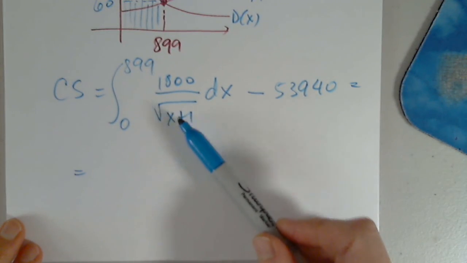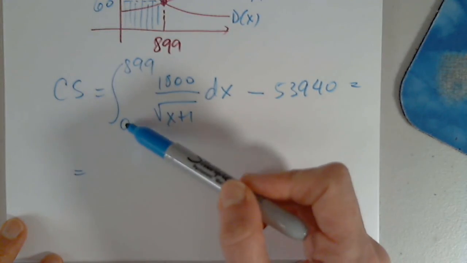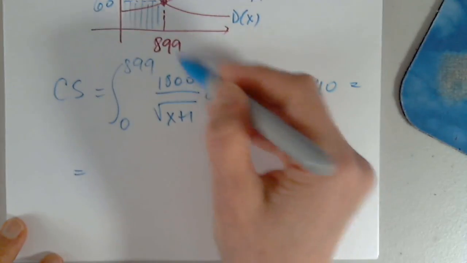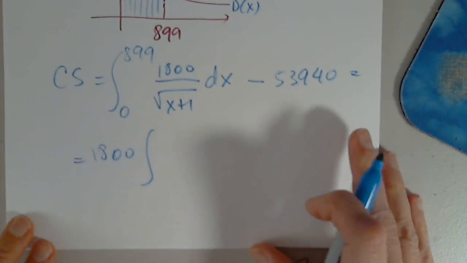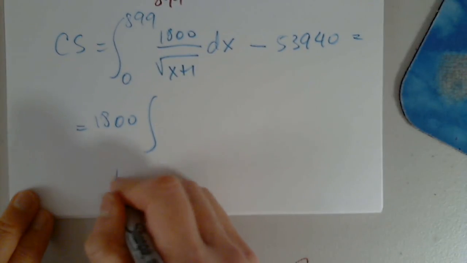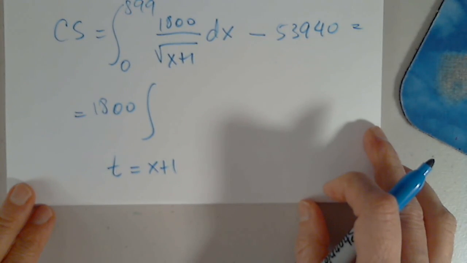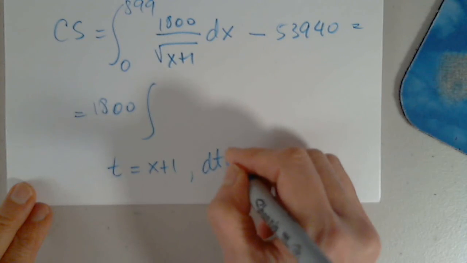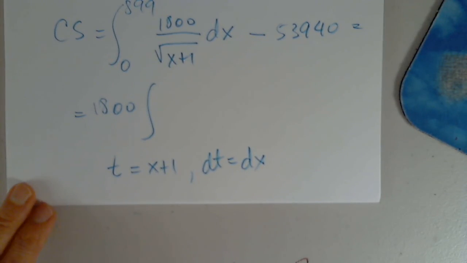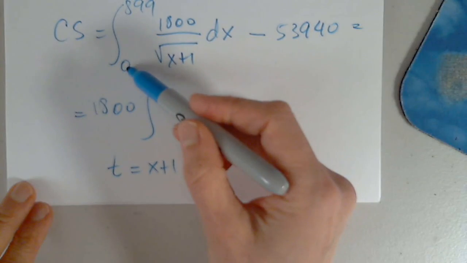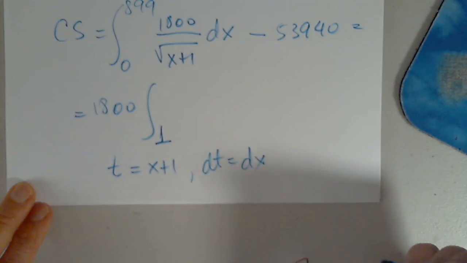In order to determine the integral, find the definite integral from 0 to 899 of this function. First of all, I will move 1800 outside. I will denote by t X plus 1. I will find dt, which nicely is just dx. I will change the limits of integration: when x is 0, t is 1.